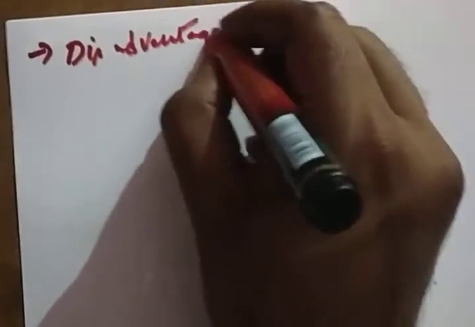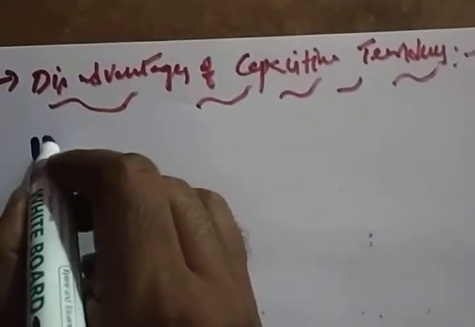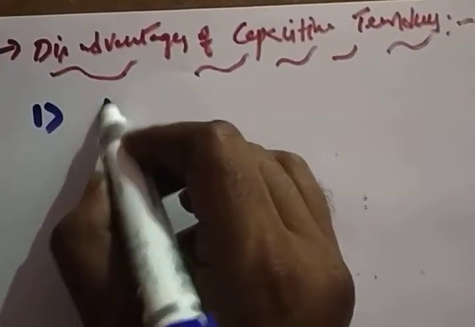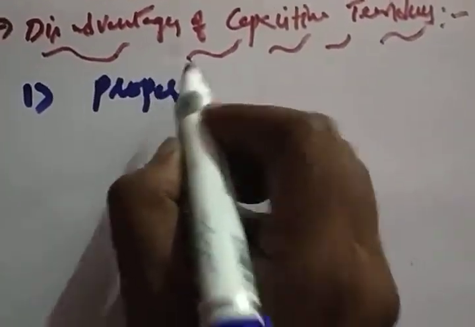The first disadvantage: we should provide proper insulation between the plates.